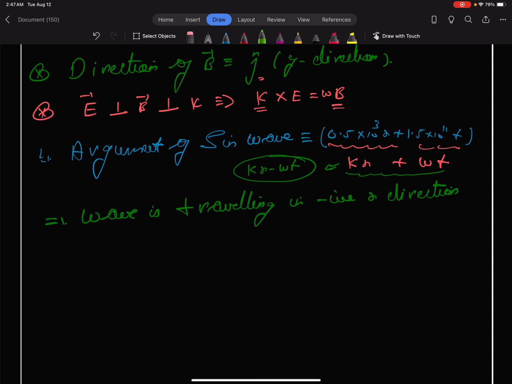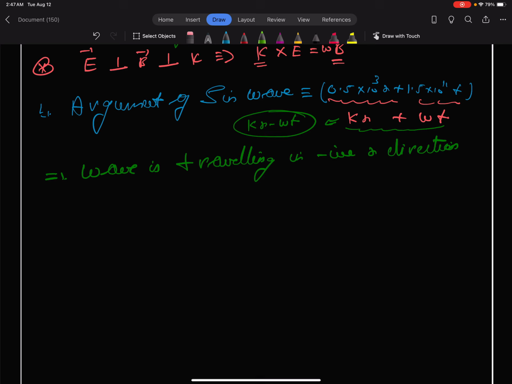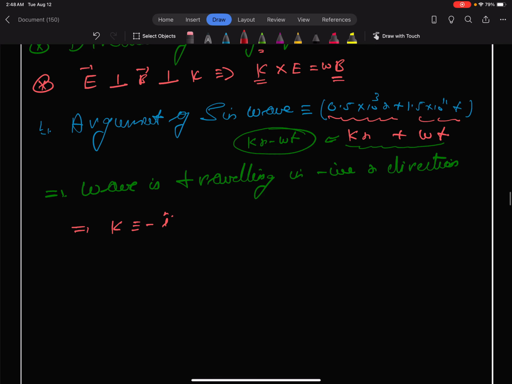Thus we can say that this wave vector k will be along minus I. Now we can find out the electric field.